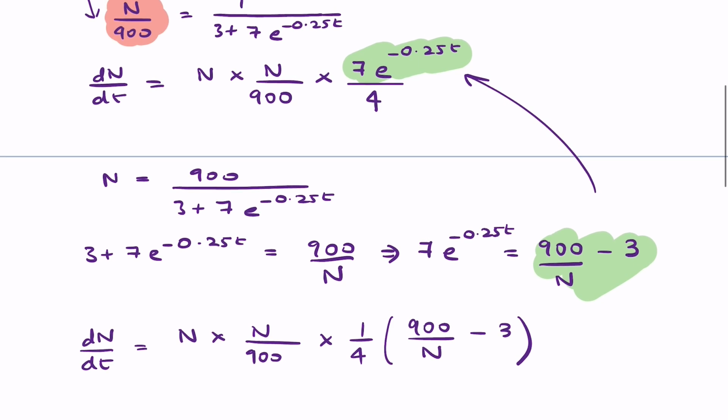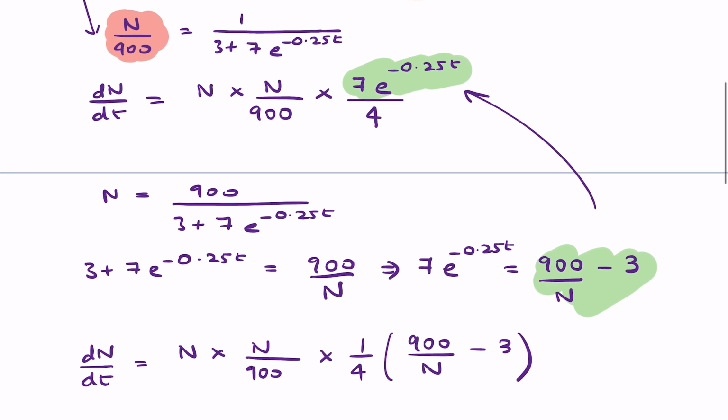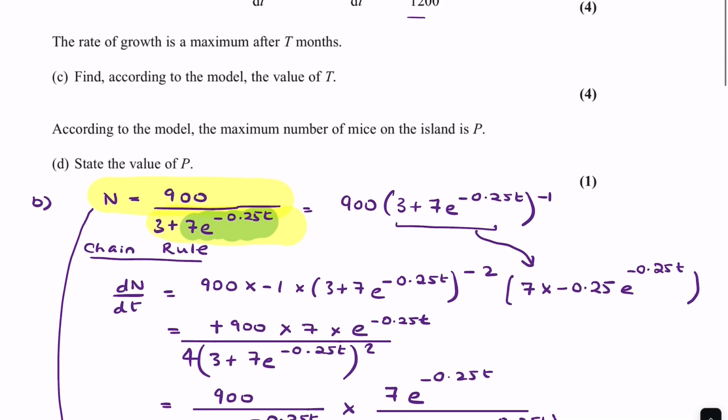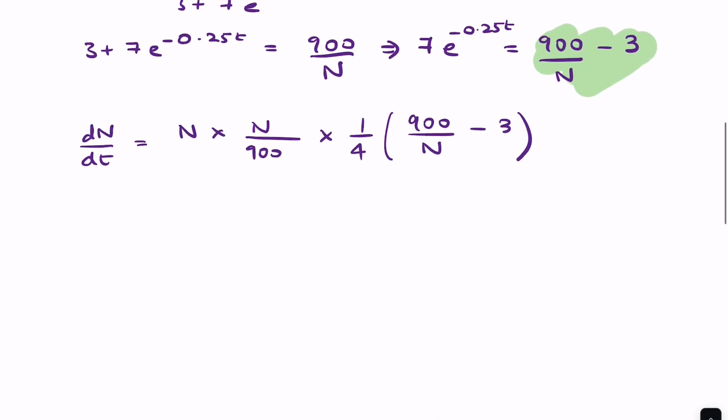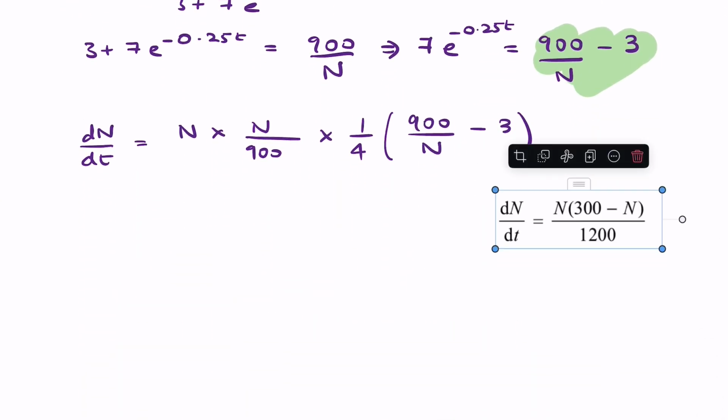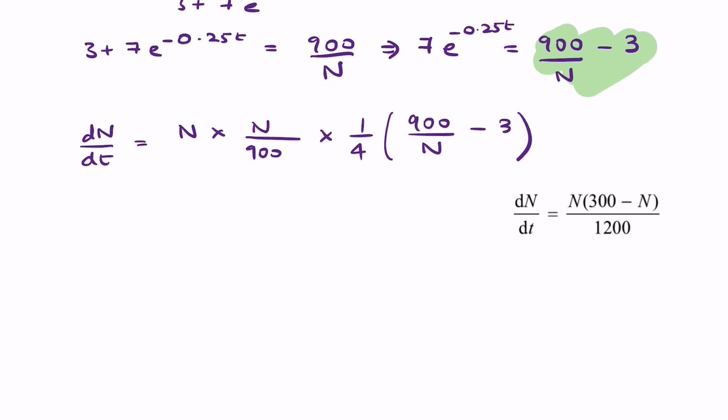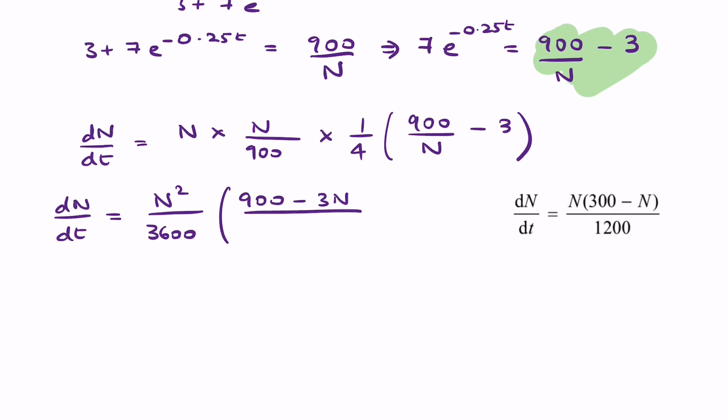Now is the point where I'm going to simplify this a tad bit, keeping an eye out on what I need. Okay, now I know what I need to do. So dn over dt, therefore, is n squared over 3600, and then 900 minus 3n over n.